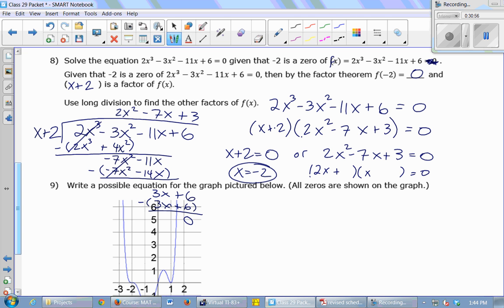Thinking +1. Oh, so it's going to have to be minus minus to get a negative on the inside and a positive on the outside. So I'm thinking -1 minus 3. 2x squared minus 6x minus x. Yeah, there we go. So we get x equals 1/2 or 3 are my two other solutions.